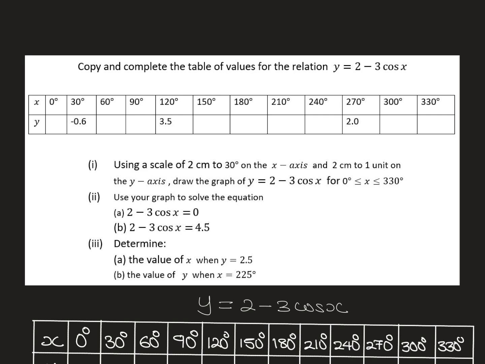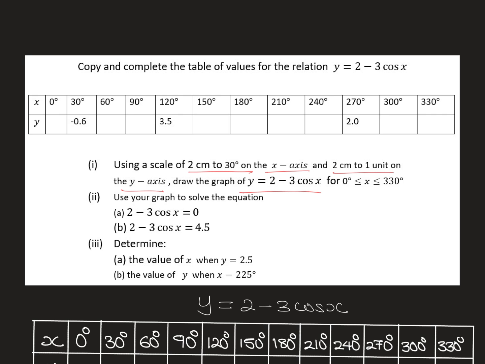So moving on to the question, it says, using a scale of 2 centimeters to 30 degrees on the x-axis and 2 centimeters to 1 unit on the y-axis, draw the graph of y is equal to 2 minus 3 cos x for 0 degrees less than or equal to x less than or equal to 330 degrees.